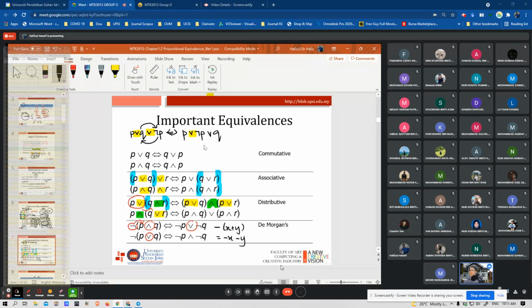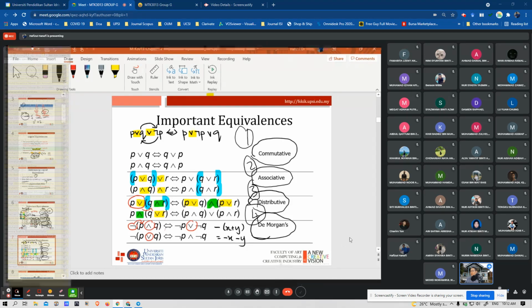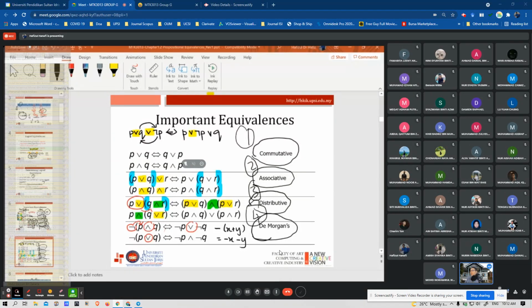Okay, these are important equivalences. We have another group: commutative, associative, distributive, and De Morgan's law. Another four. What is commutative?